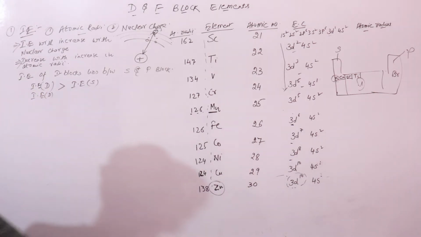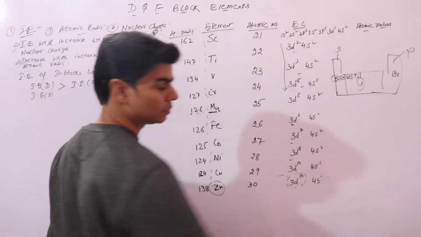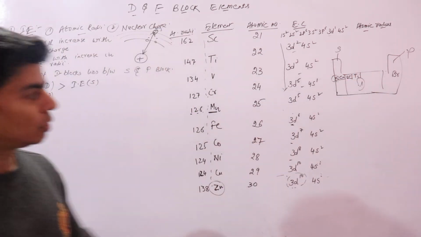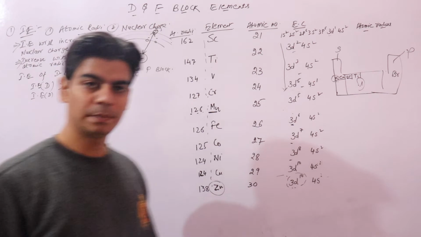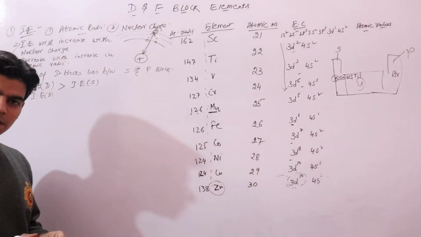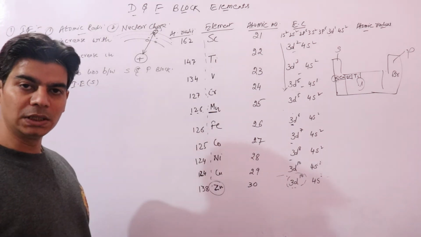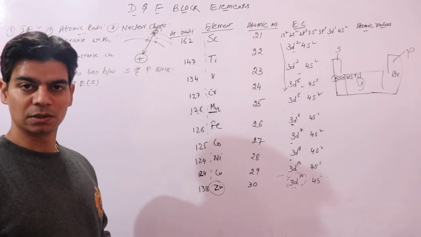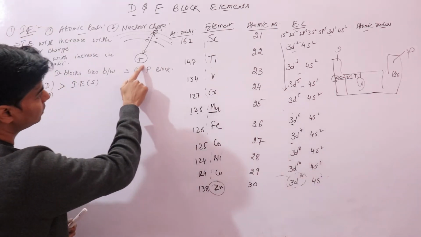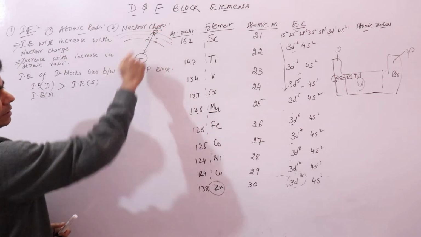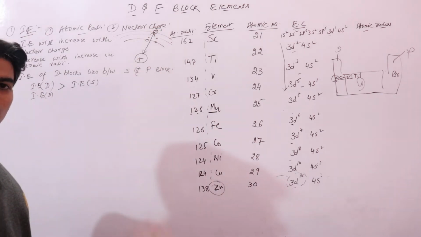Why? Because if you go further in this period, the fourth period, your atomic number will increase. When the atomic number increases, your nuclear charge will increase. So when nuclear charge increases, it will experience a greater force on the outermost electron, so your ionization energy will increase.